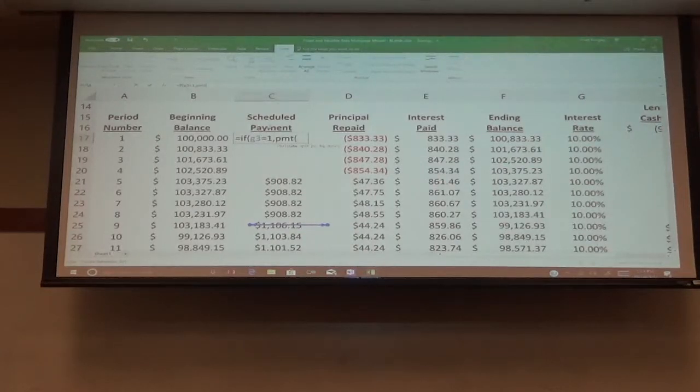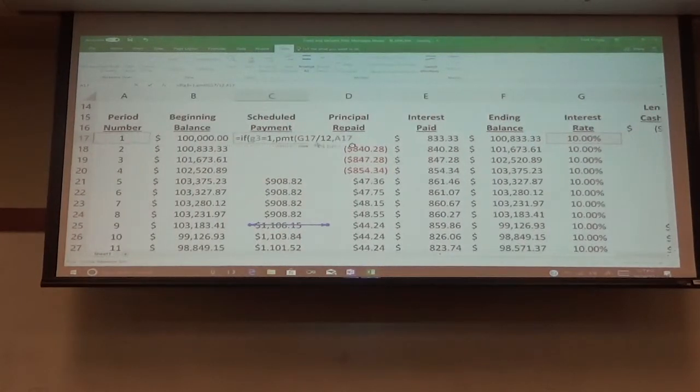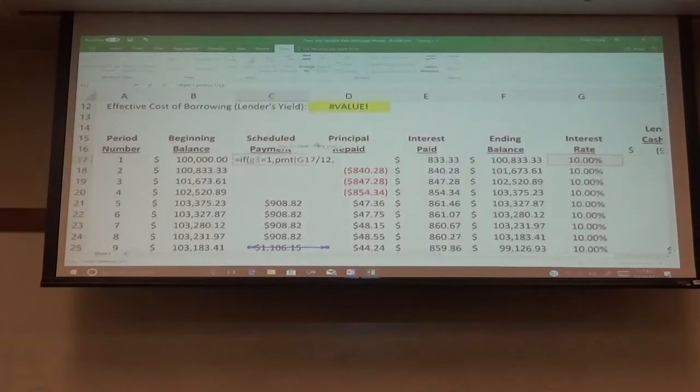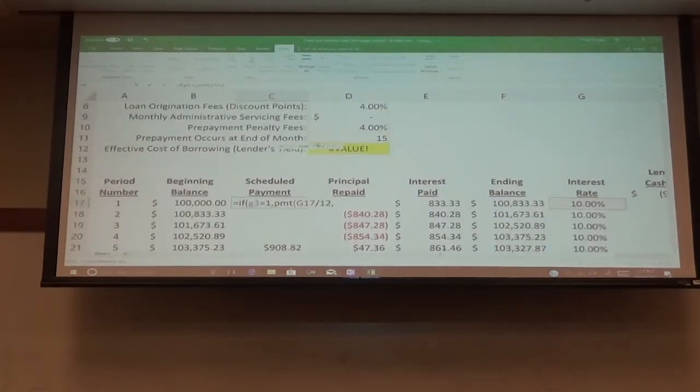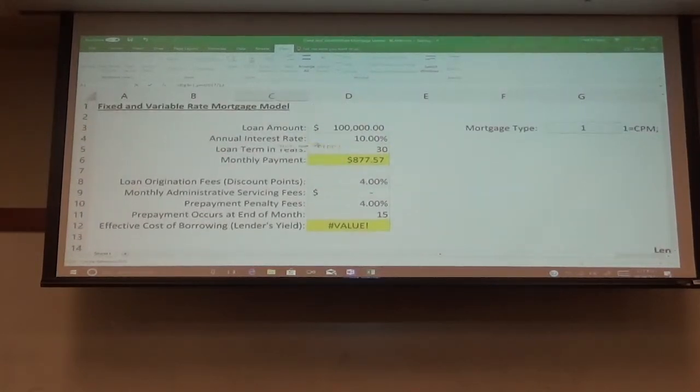So, in this case, we're going to take the payment, we'll get the rate over here, divided by 12, comma, the number of periods is going to be taking the 30, all right, come on, grab it.